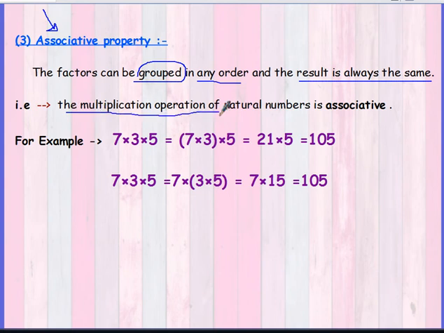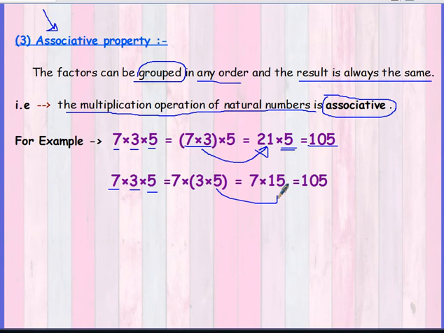That means the multiplication operation of natural numbers is associative. 7 times 3 times 5 equals, open brackets and put 7 times 3 inside them, times 5, equals 21 times 5 equals 105. 7 times 3 times 5 equals 7 times, open brackets and put 3 times 5 inside them, 7 times 15 equals 105, which means after we applied the associative property, the result doesn't change.